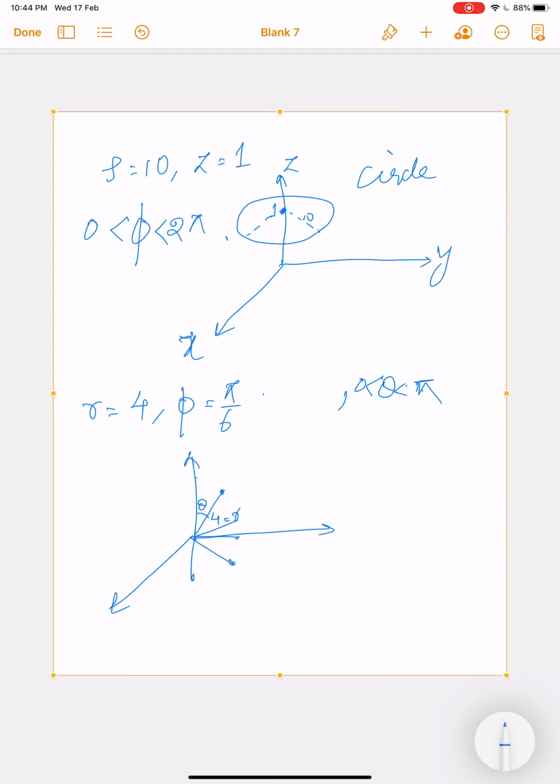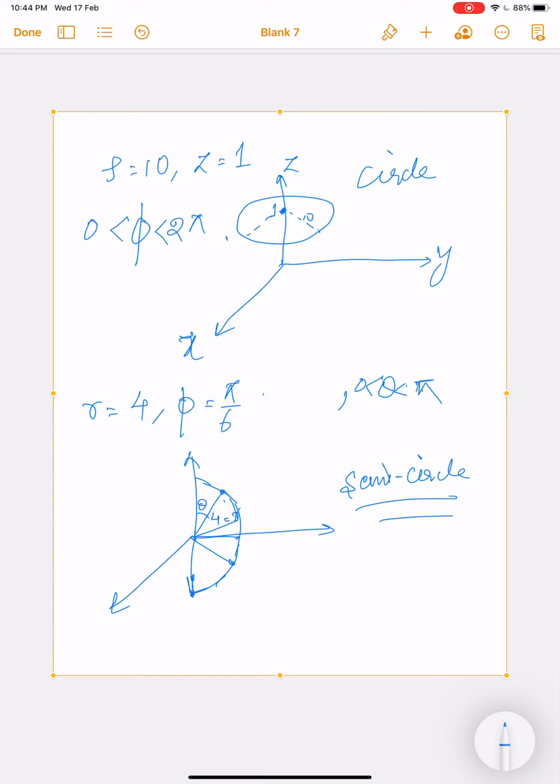So from here theta starts at 0, and since phi is fixed, you don't have to go round and round. Just till this much, because it varies from 0 to pi. So you got some semicircle sort of thing. This is also like a line. It's not a surface.